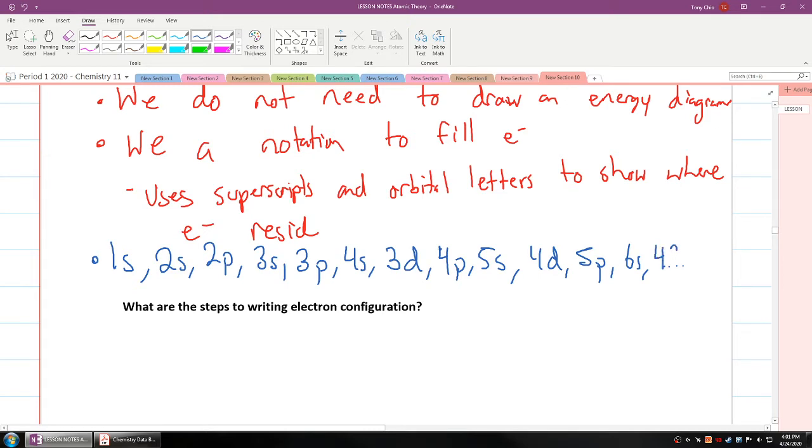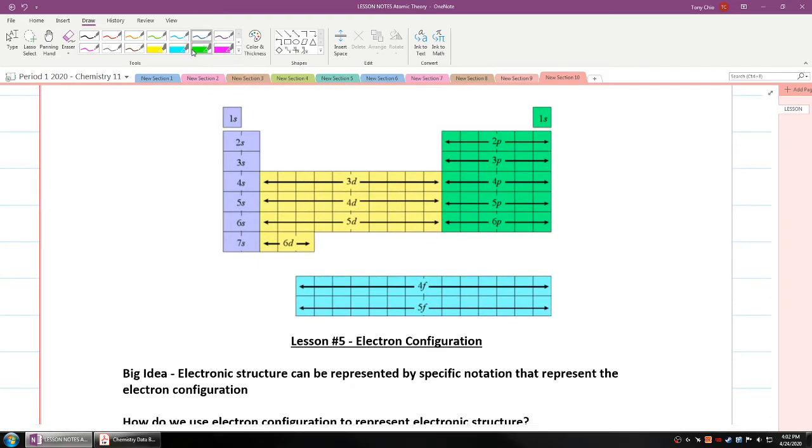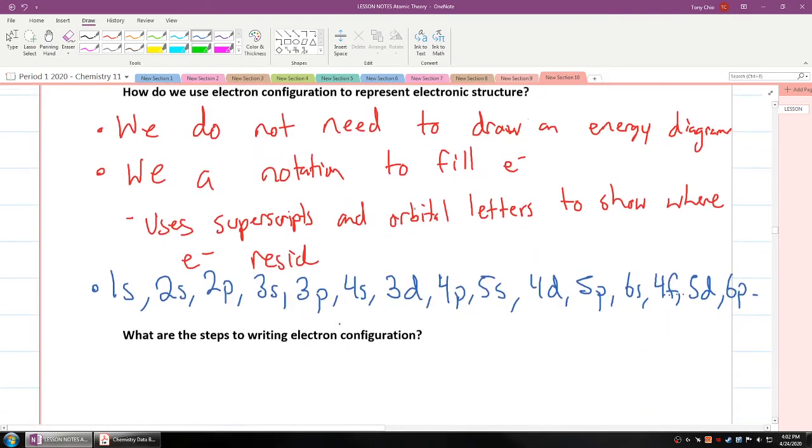If you want to continue, it would be 4f, 5d, 6p, and so forth. So you use the periodic table to help guide you. Based on where the element is, it will always have the electrons before it.